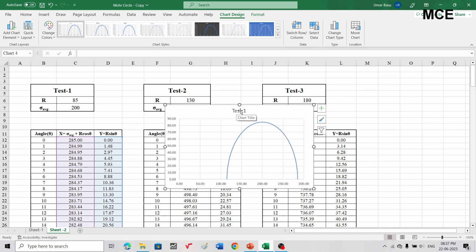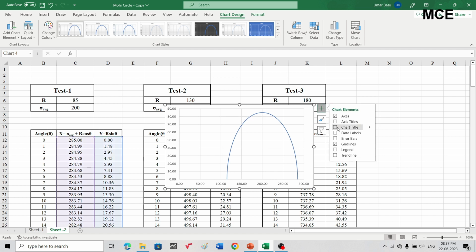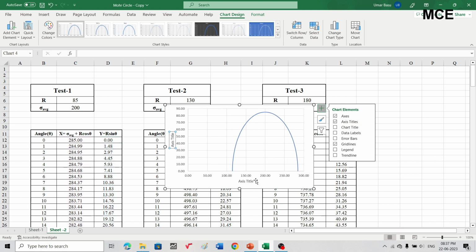Then you will delete this chart title and press on this plus button and click the axis titles.